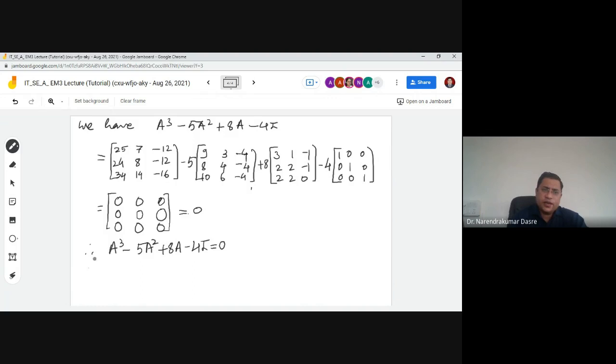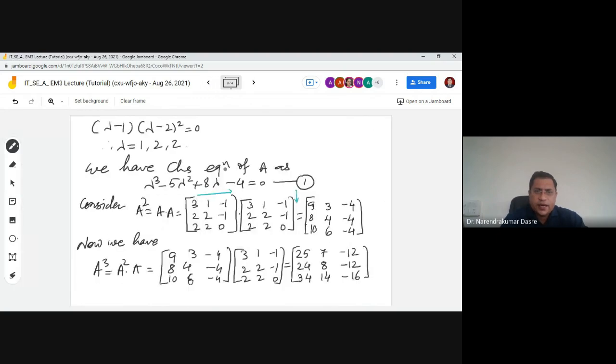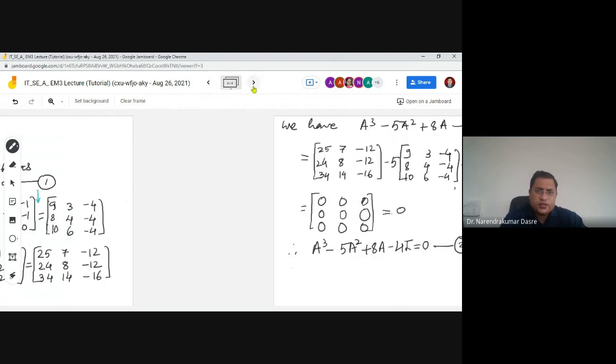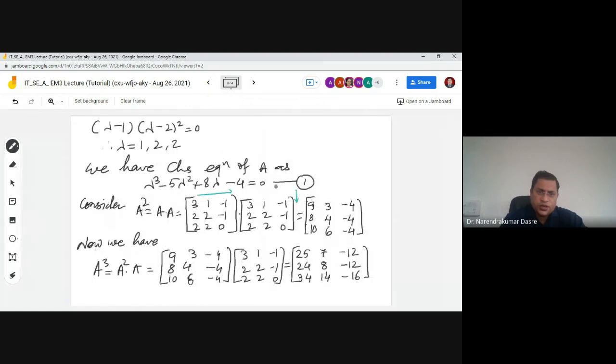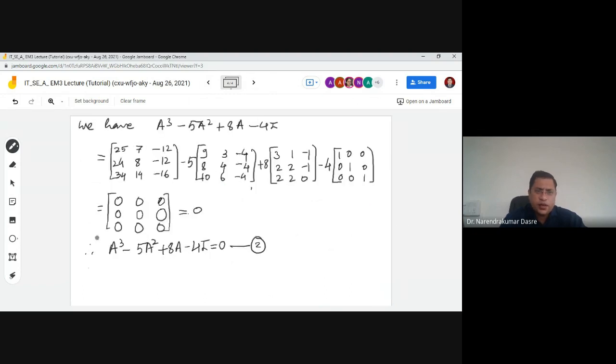So we can say this matrix satisfied its characteristic equation. This is the characteristic equation, and this is the matrix equation that we have proved. The right hand side is 0 here, and here also the right hand side is 0. So this holds in the real field, and we proved that the same happens in the matrix field also.